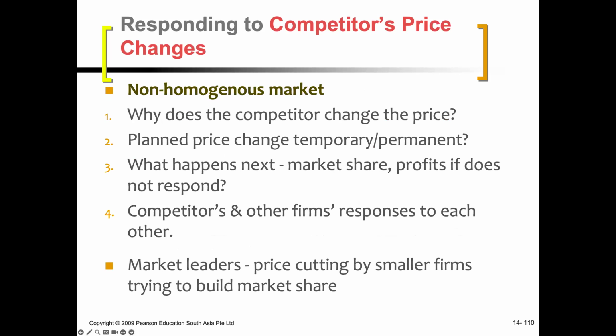What happens in a non-homogeneous market? Why does the competitor change the price? Is the planned price change temporary or permanent? What will happen to market share and profit if we do not respond? Competitors and other firms respond to each other. Market leaders face price cutting by smaller firms trying to build market share.